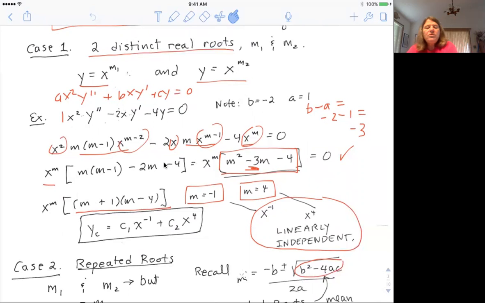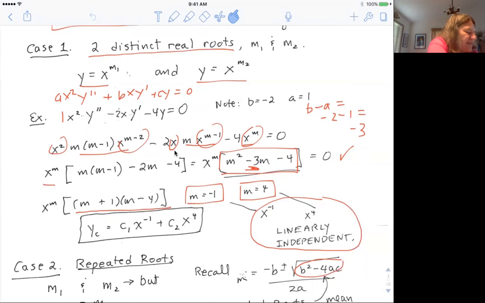So that was pretty easy. We did show these were linearly independent, and we're okay with that. So we've got a fundamental set basically for something of order 2.